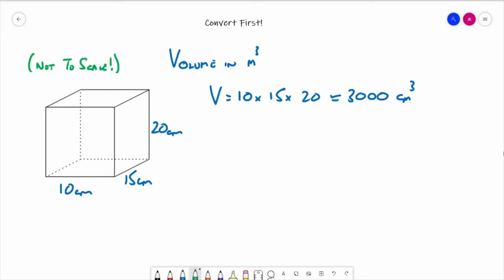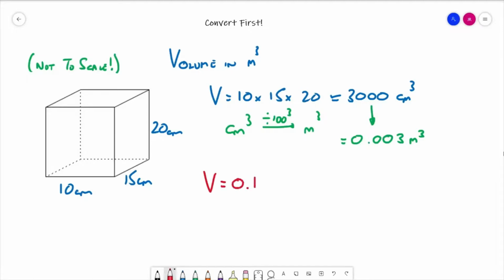And then in order to convert that into metres cubed, remember that centimetres cubed to metres cubed, we divide by 100 cubed. So when we divide that by 100 cubed, what we end up with is 0.003 metres cubed.